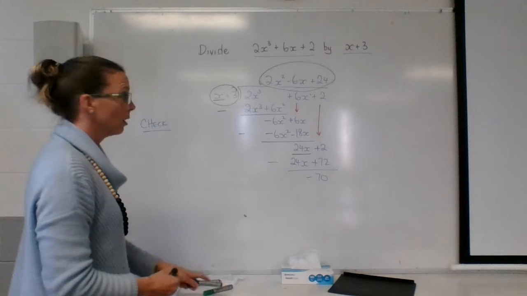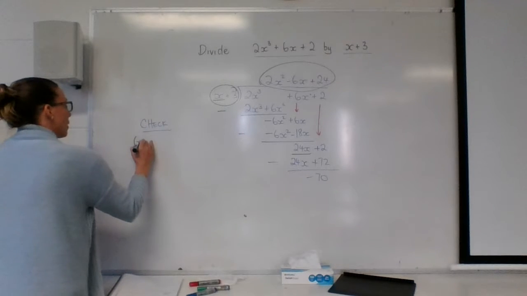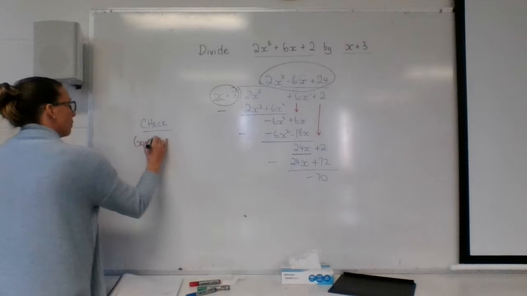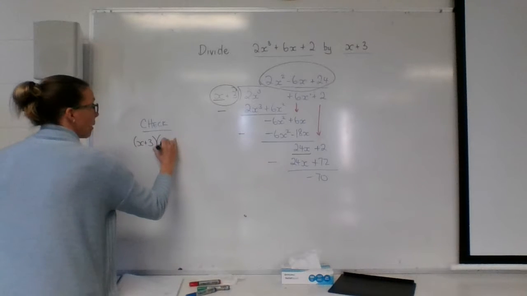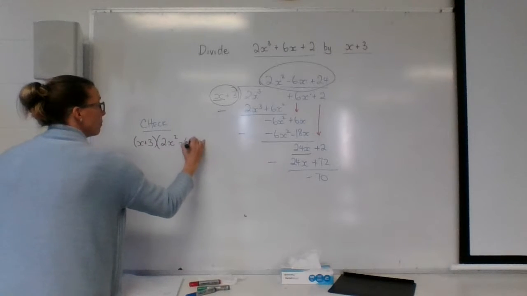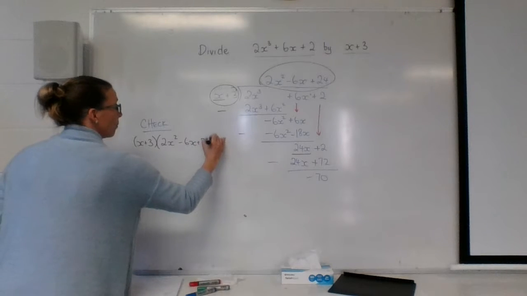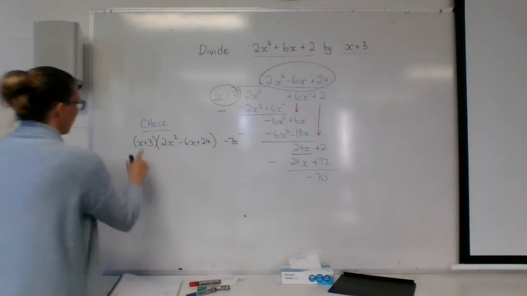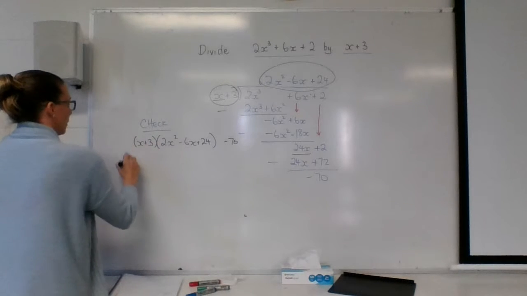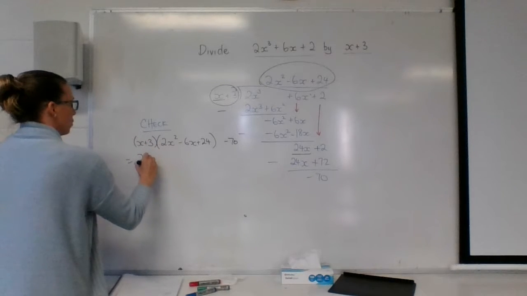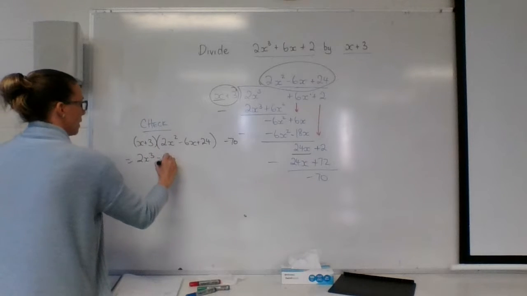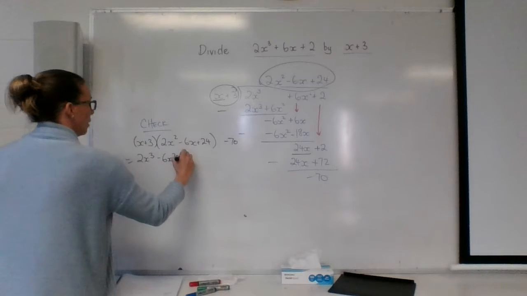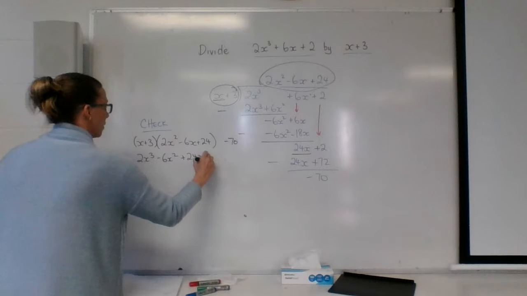So I'll say that again. I would check it by starting with my divisor, multiplying it by my quotient, and I'll add, or in this case, it's subtracting my remainder. So if I expand this, I get 2x cubed, negative 6x squared, 24x.